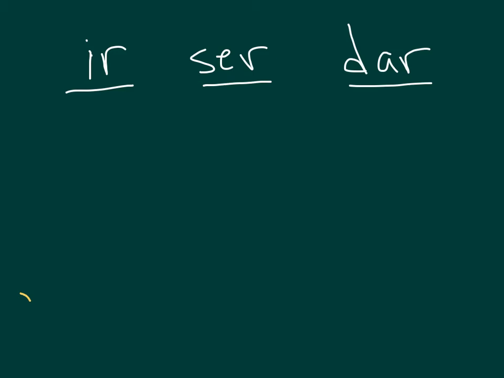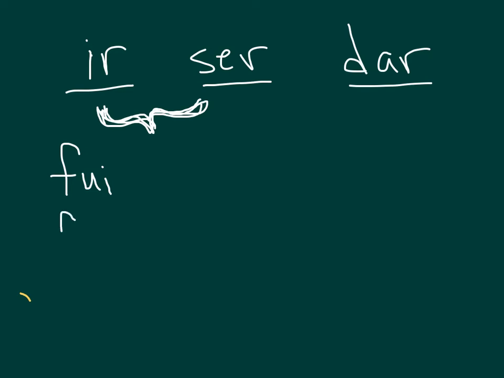Okay, so as we look at formation for ir, and here's the even stranger part, ir and ser use the very same forms. So if I wanted to talk about an action completed, I went to the store, I would use fui. If I wanted to tell you what I was before and no longer am, I would say something like fui niña.